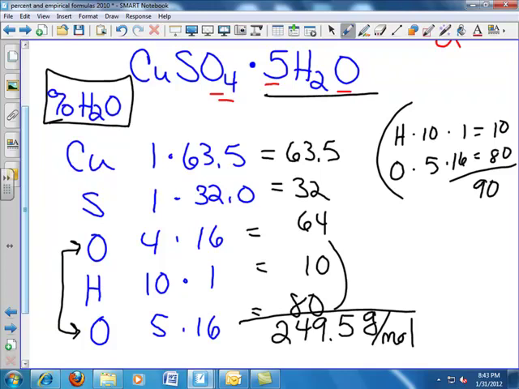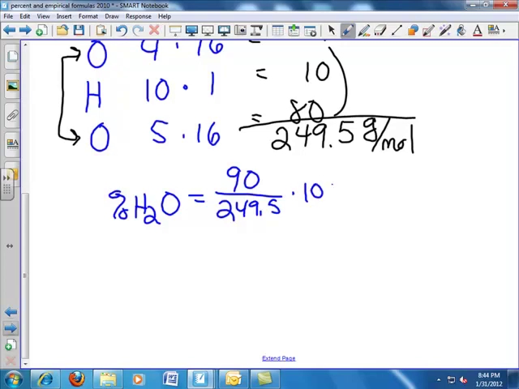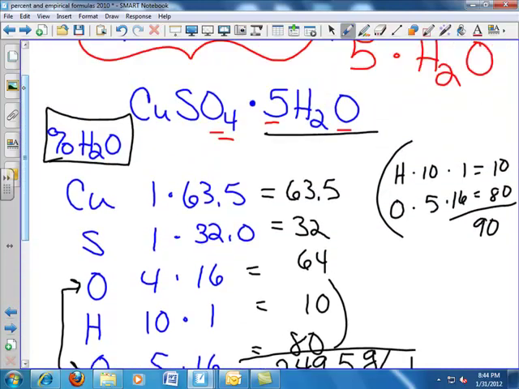Okay, but if I want to find the percent of water, the percent of H2O in this compound would be 90 divided by 249.5 times 100. Now, where did that 90 come from again? Okay, the 90 is just the mass of just this part, which we calculated right there. That's where that 90 came from.